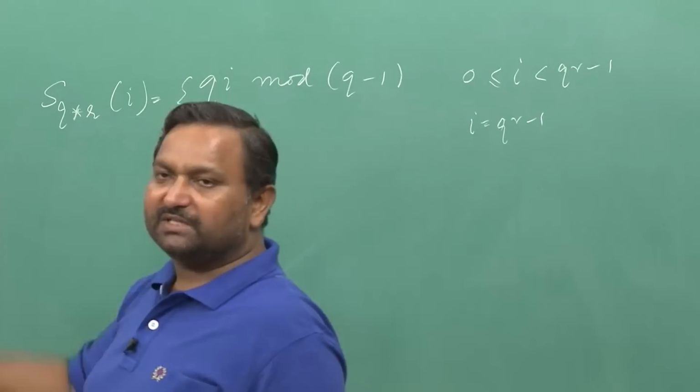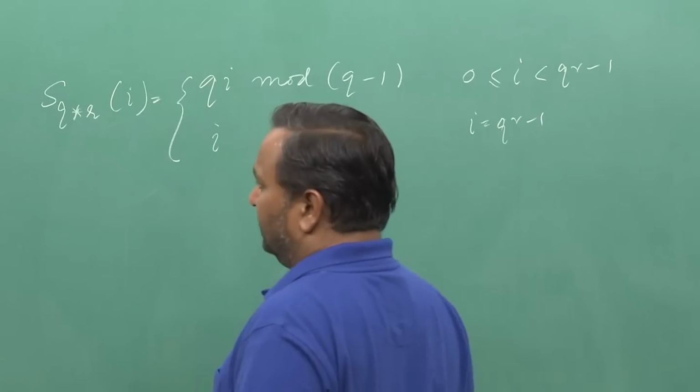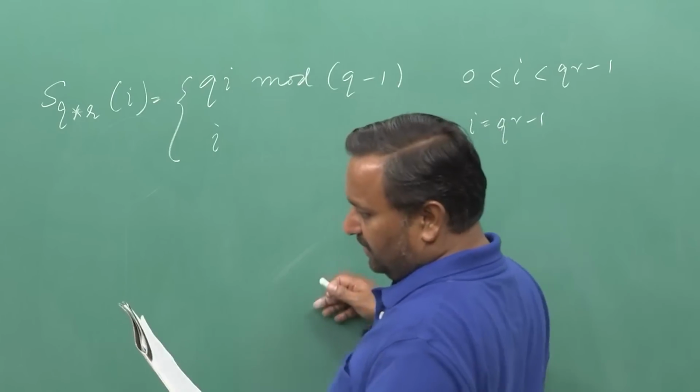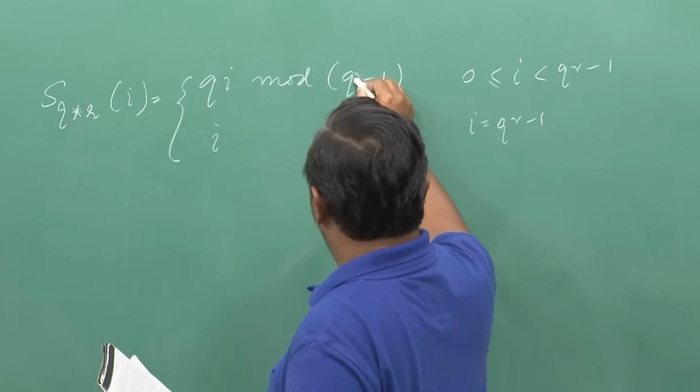This is another way of expressing the same shuffle thing. So, I am not actually adding this floor function here. It is a modulo QR minus 1, sorry, this has to be modulo QR minus 1.